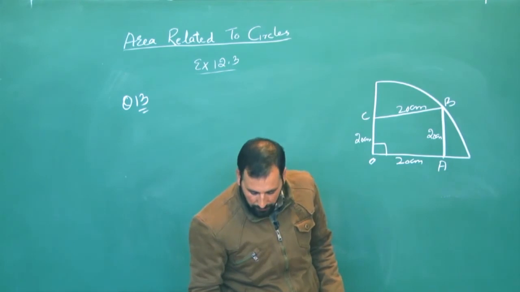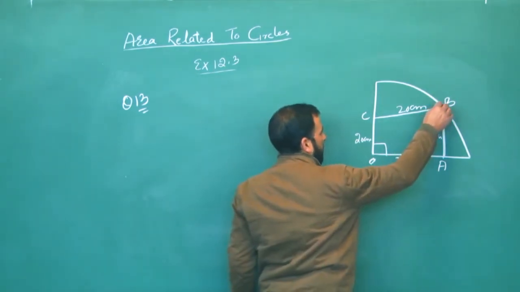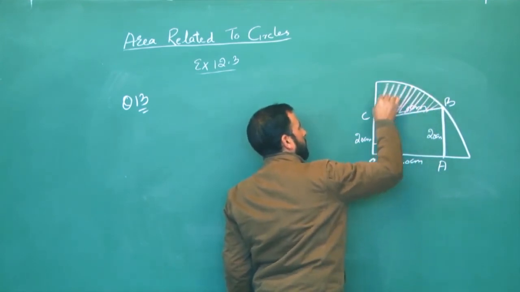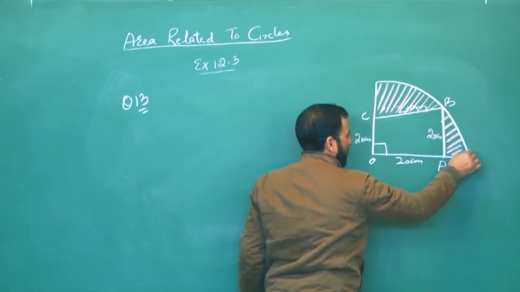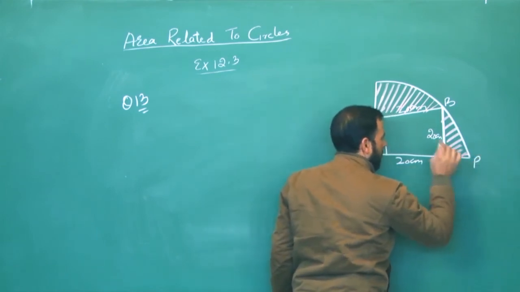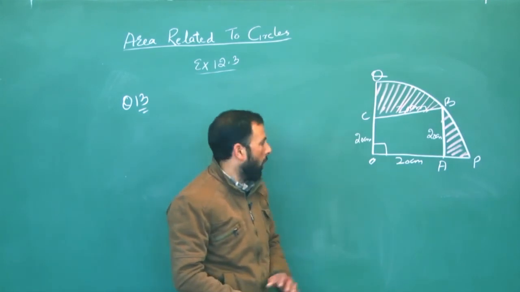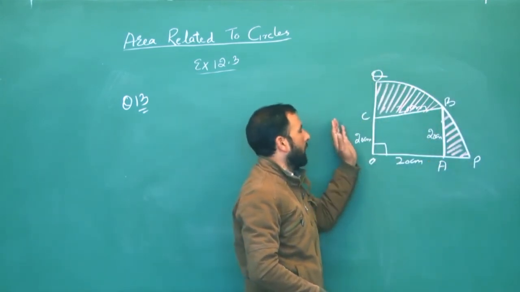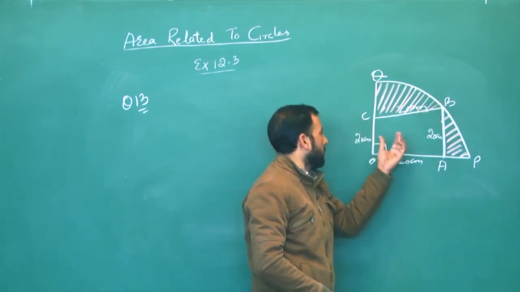Then what we have to find here is the area of the shaded region. This one is the shaded part here. We have to find out the area of the shaded region. This is O, A, P, and this one is Q here. So we have here two figures. One is OPBQ, that is a quadrant, and another one is OABC, a square.